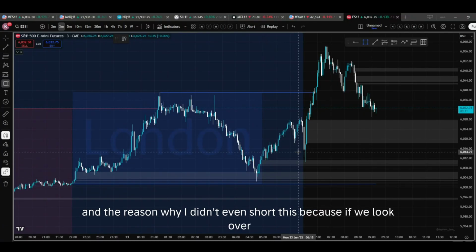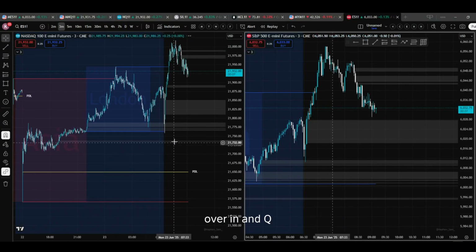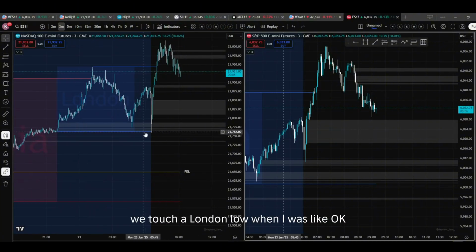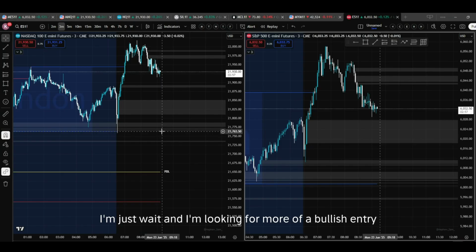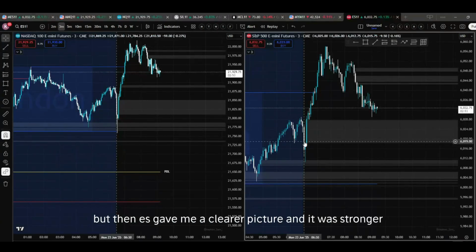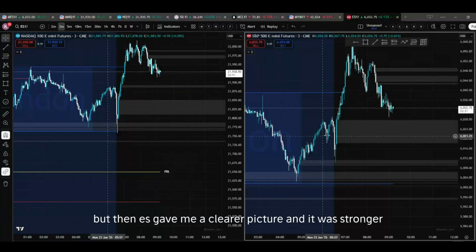The reason why I didn't even short this is that if we look over in NQ, we touched a London low. I don't short below the London low, so I was like, okay, I'm just going to wait. I'm looking for more of a bullish entry. But then ES gave me a clearer picture, and it was stronger.